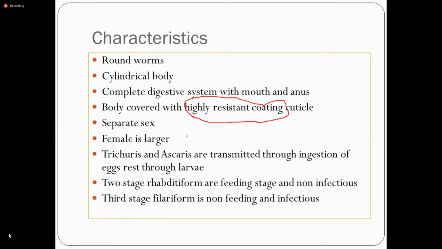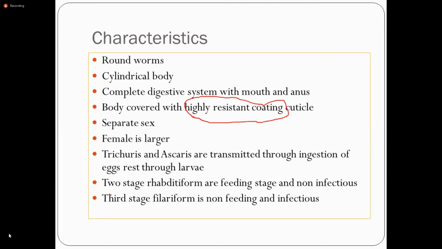They have separate sexes, male and female, and the female is usually larger and the male is smaller. Trichuris and Ascaris are transmitted through the ingestion of eggs, while the other 4 enter the body through larvae.